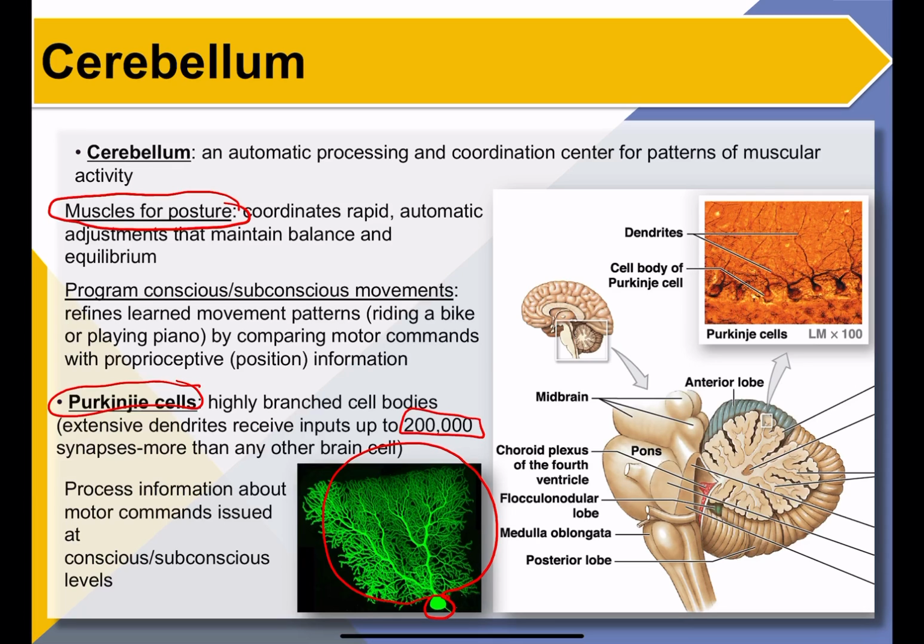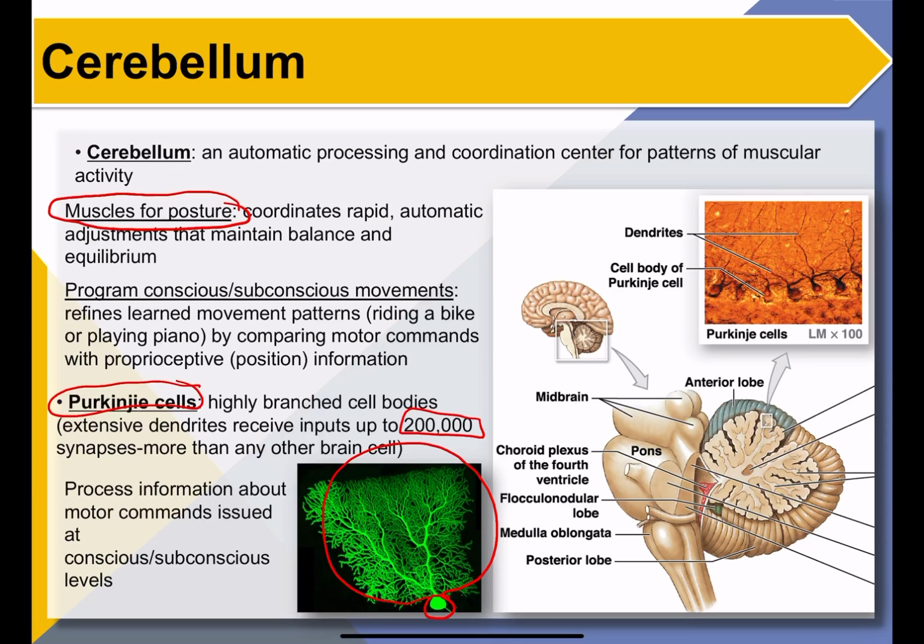Okay, so antagonistic muscles actually have to be inhibited, and then your protagonist muscle, the one doing the main movement, has to be excited in order for you to do one swift movement. So that's why you need some of those inhibitory signals coming through as well for those antagonistic muscles.